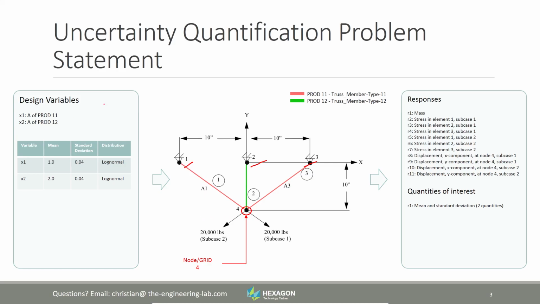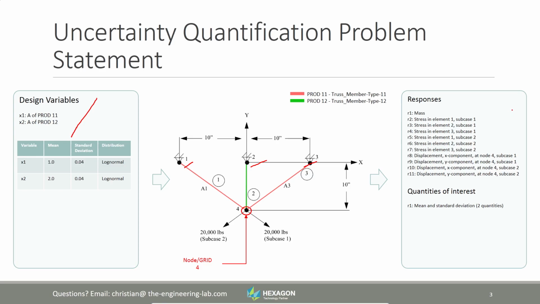The uncertain variables are going to be the design variables. When you manufacture this 3-bar truss, every truss member that you construct or manufacture is not going to have the desired cross-sectional area. There's actually going to be some variation in that area. Now, given the uncertainty in the variables, we want to look at the responses.